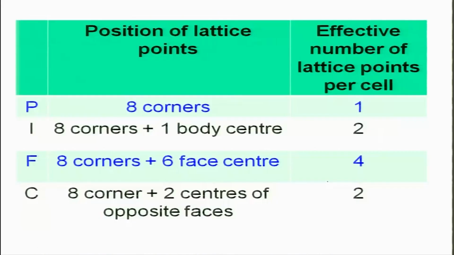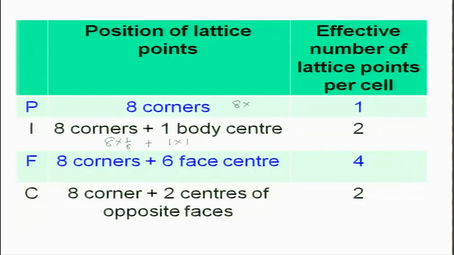Okay. So, effective number of lattice points you can now calculate. For a primitive system you have only 8 corners, so the number of lattice points is 1. For a body centered system you have 8 corners and 1 body center, so the total number of lattice points is 2. So, this is 8 into 1 by 8 plus 1 into 1.